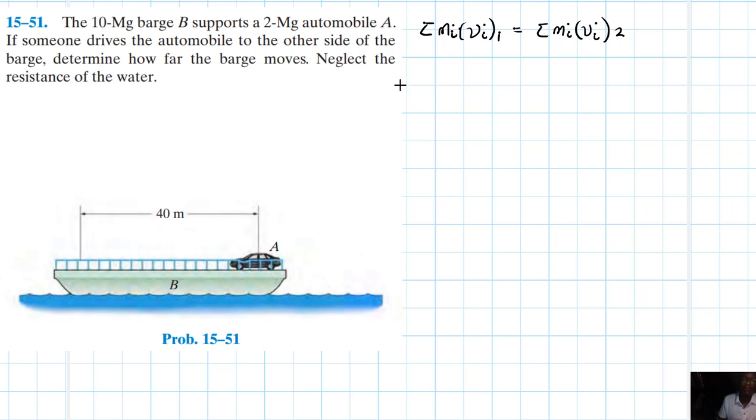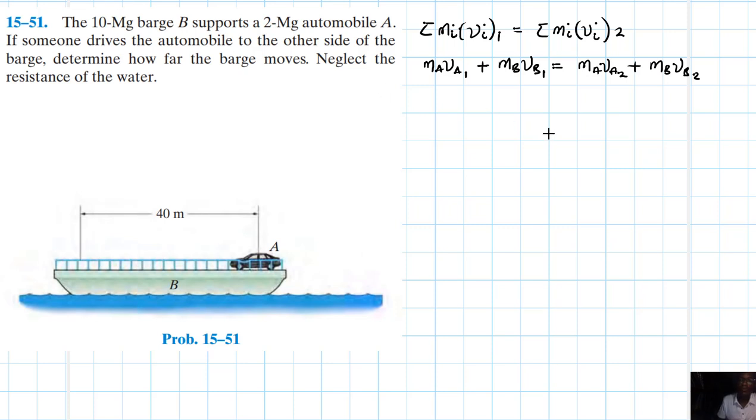So we are saying in state 1, MA VA1 plus MB VB1 is equal to MA VA2 plus MB VB2.